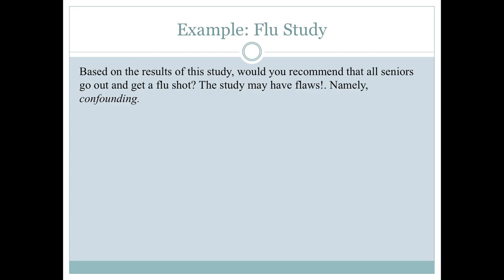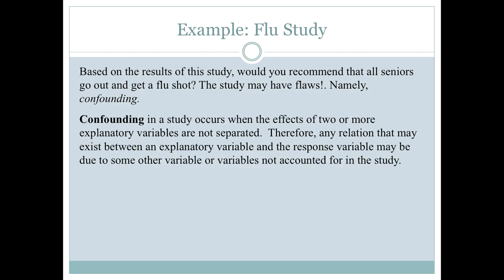So this particular study was just looking at what was happening. It was an observational study, and the main issue is that confounding may be a problem. Now, confounding in a study occurs when the effects of two or more explanatory variables are not separated. So any relation that might exist between an explanatory variable and a response variable, both might be due to some other variable that's not accounted for.